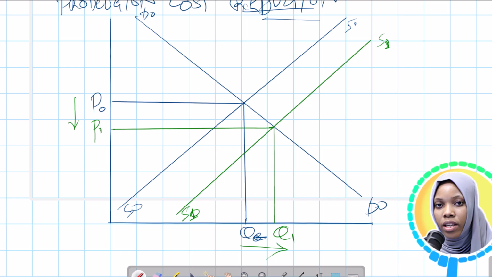So here the demand for commodity A is going to increase in case of a price increase for a substitute.